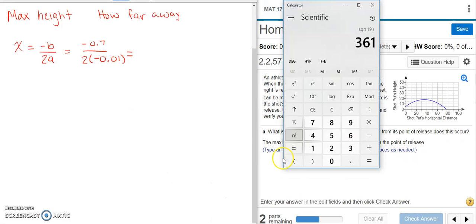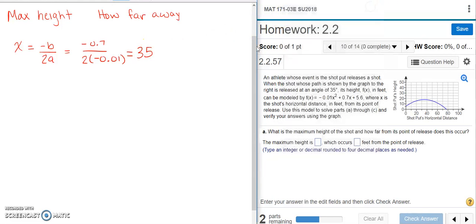Okay, so let me see if I can do this without messing it up. Typing this in your calculator obviously is going to be a little bit easier than my little computer calculator.